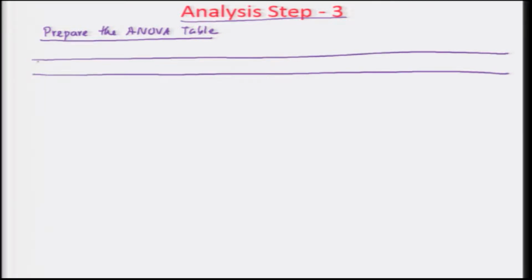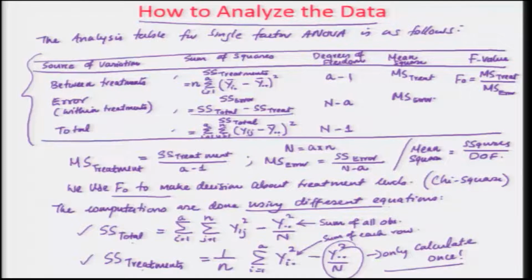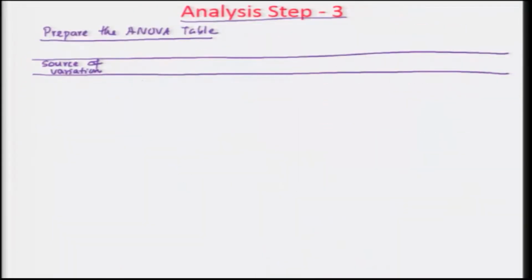First thing is we have the source of variation. Remember, this was between treatments. So, the main source of variation for us is the conveyor speed. This is your treatment, that is your source of variation.